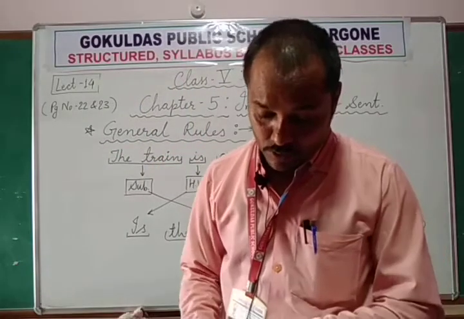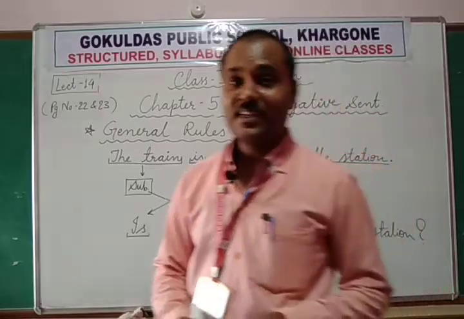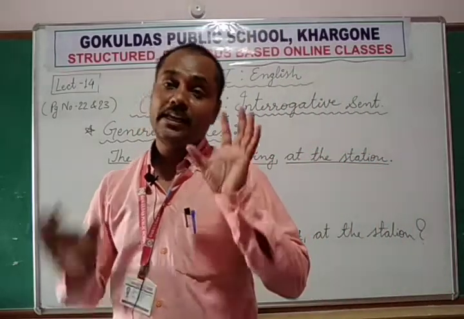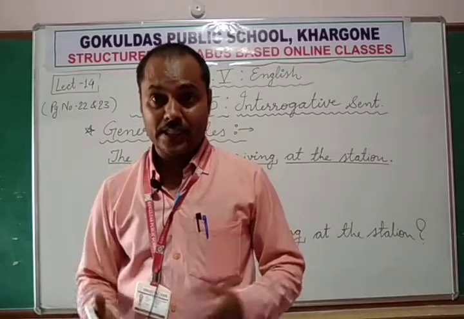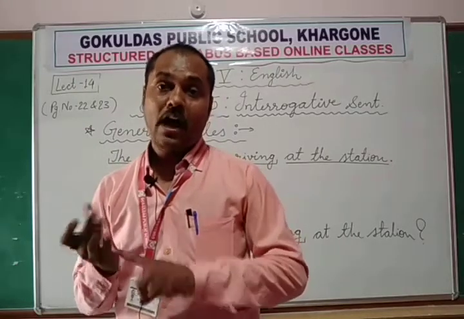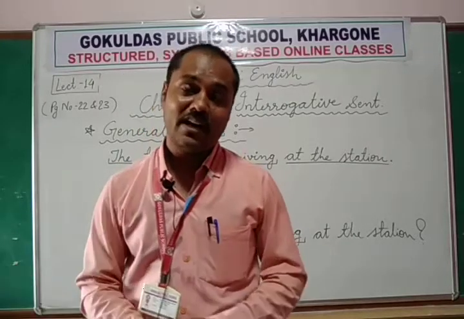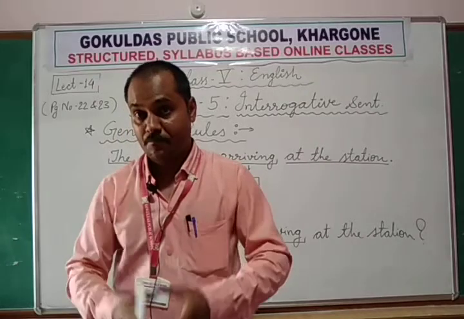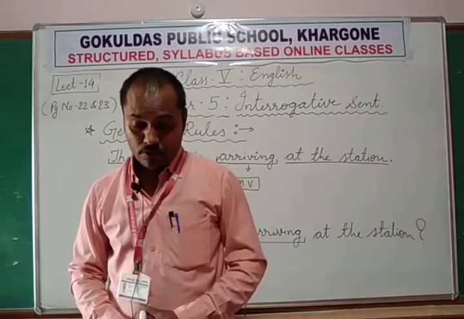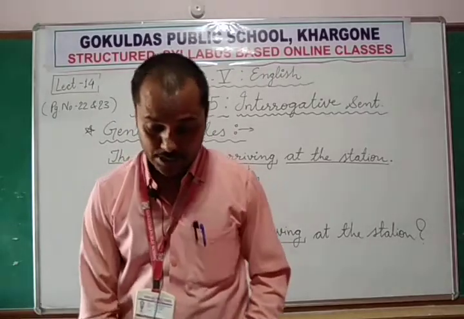Now the second rule: some words are called question words. Some words are only invented to make questions, just like what, where, how many, when, which. These are all called question words, the words which ask questions. Okay, so what, where, when, why, which, how, whom, these are the question words.